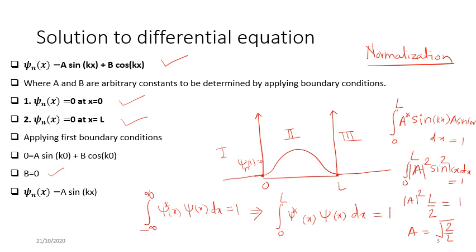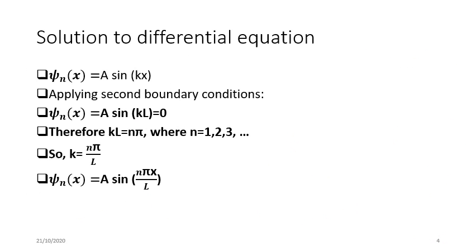Once we have this normalization constant, the final wave function becomes psi of x is equal to root 2 by L into sin kx. Now we have to determine the value of k.